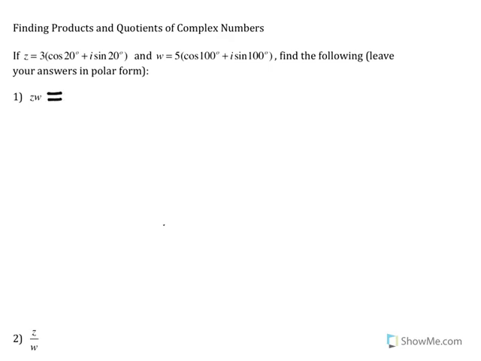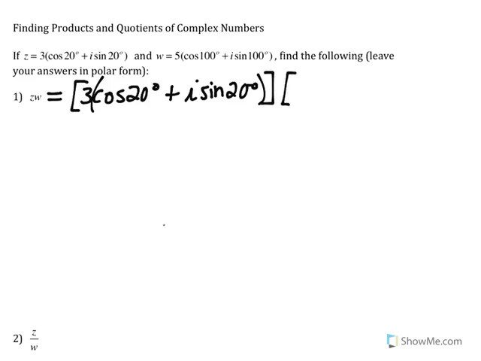So if you take a look, we're really going to be multiplying these two things together, but there's a nice formula that we can use to make this a little easier. It's going to remind you of what you would do when multiplying exponents and monomials back from Algebra 1.